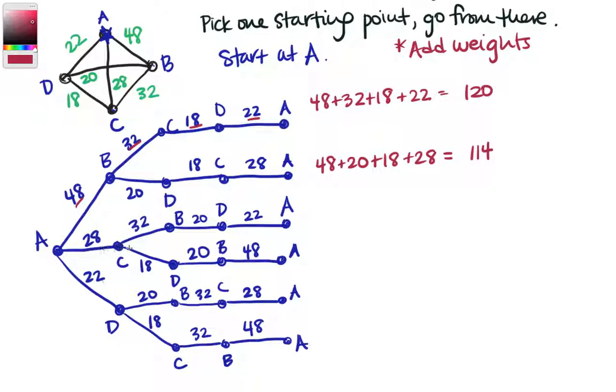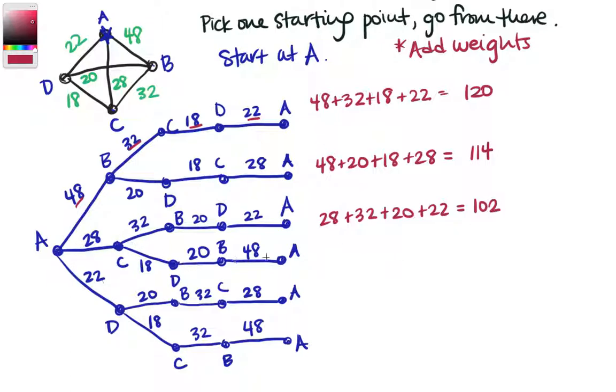For A, C, B, D, A, we would take 28 plus 32 plus 20 plus 22, and we get 102.